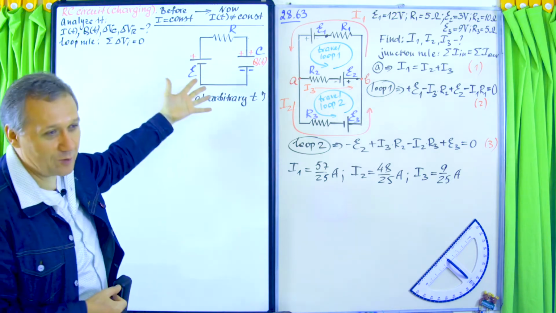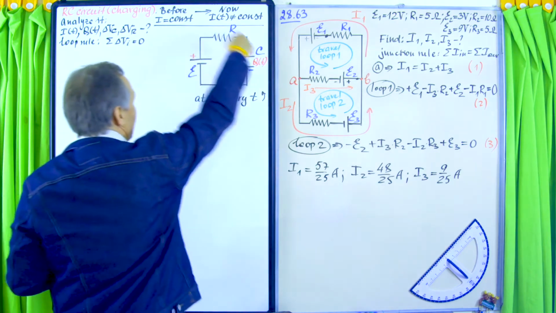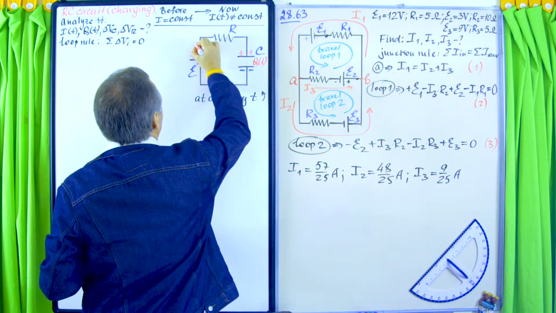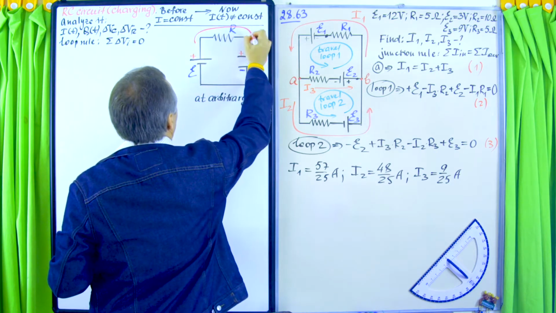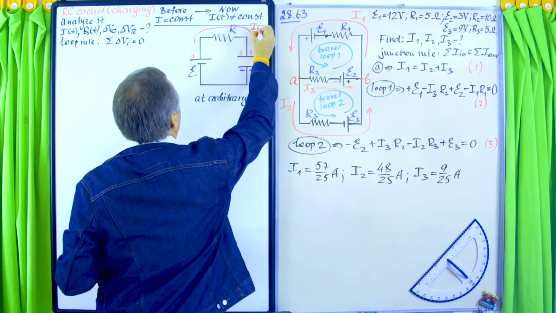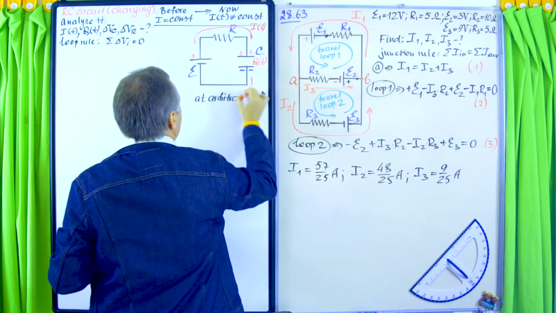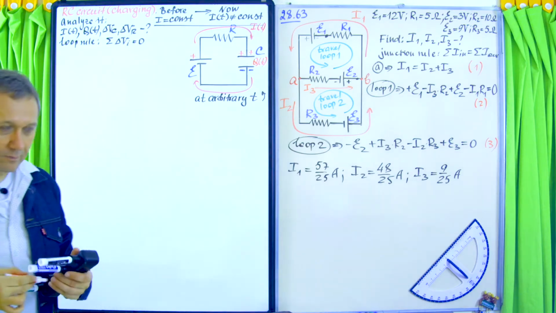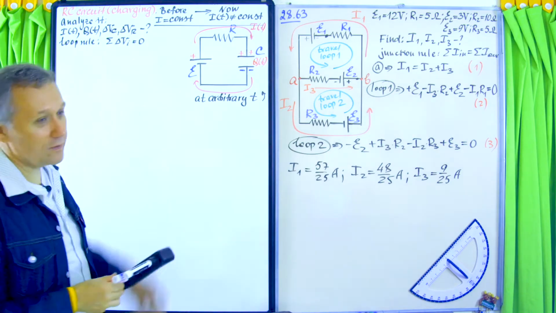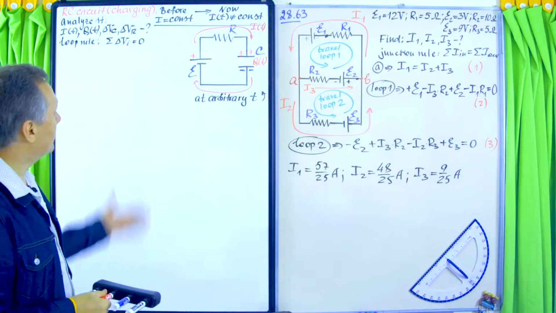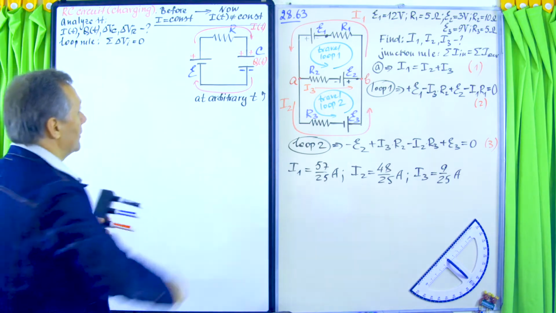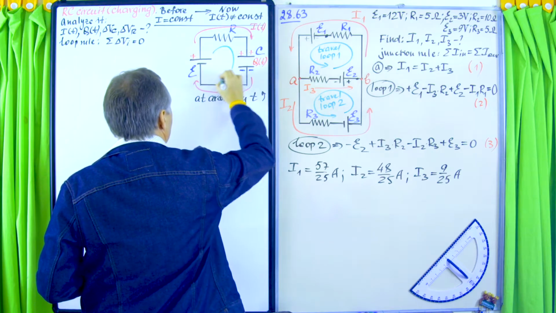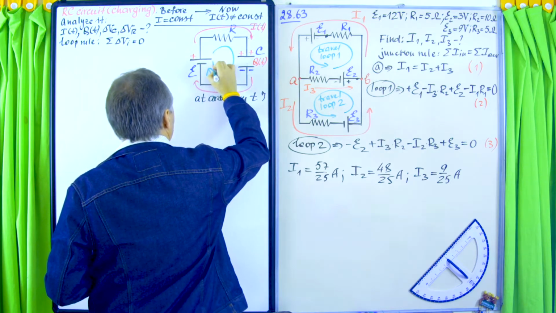We can tell immediately that the current flows from plus to minus, so the current is going to flow this way. That's our current as a function of time, and here the same. Now the travel direction. Let me pick the same direction as the direction of the current. That's what I usually do. So that's the travel.